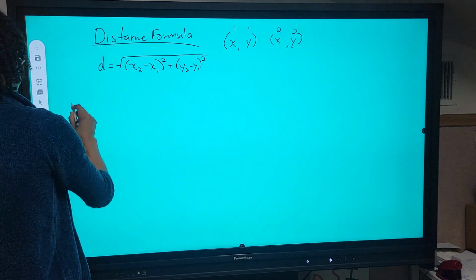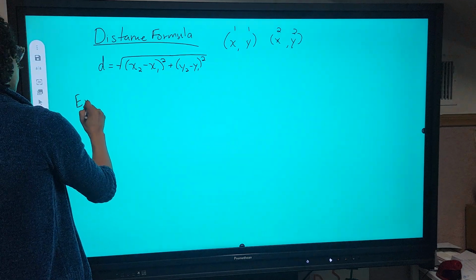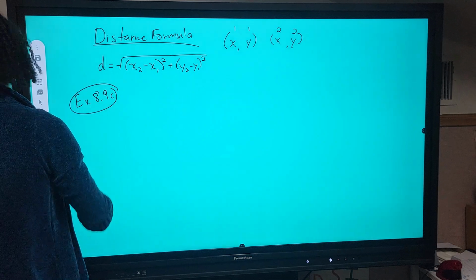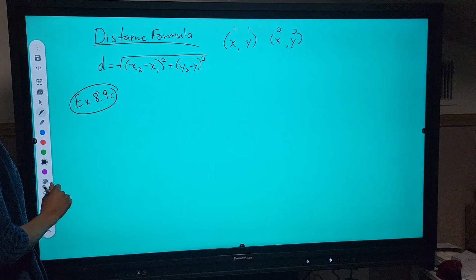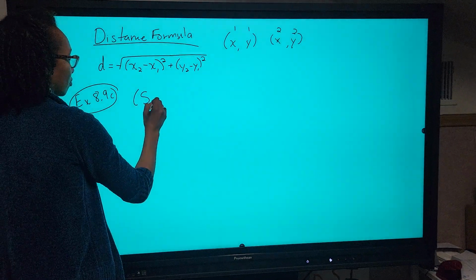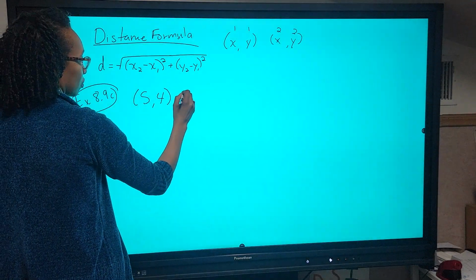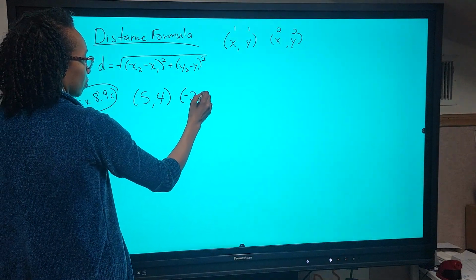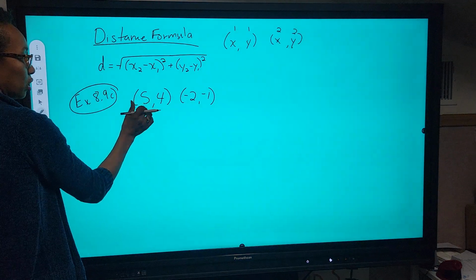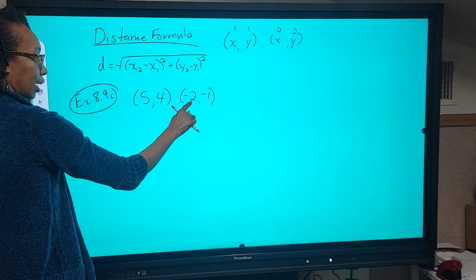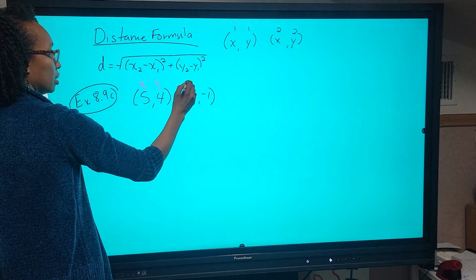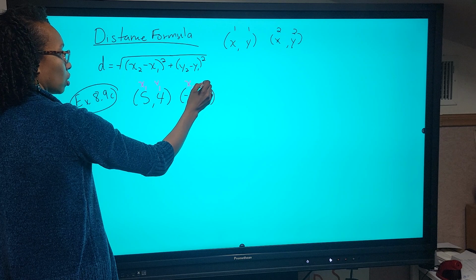All right, here we go. The first example of using the distance formula says find the distance between the points (5, 4) and (-2, -1). The first thing we notice, we know our x and then our y. This will be our x1, this is our y1, this is our x2, this is our y2.